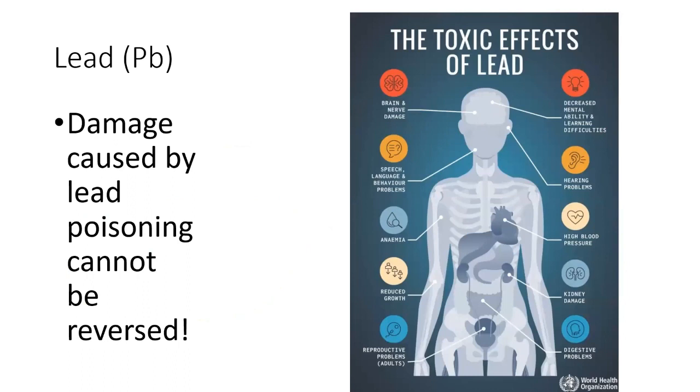Okay, so what does it do? All of these things on this chart, I know that you can't see them, so I will read them to you. So we've got things pointing to our brain. Basically, lead can cause brain damage. The younger a person is, the more likely it is to cause the brain damage. So this can cause problems in learning, so learning disabilities, but it also can cause problems in executive function.